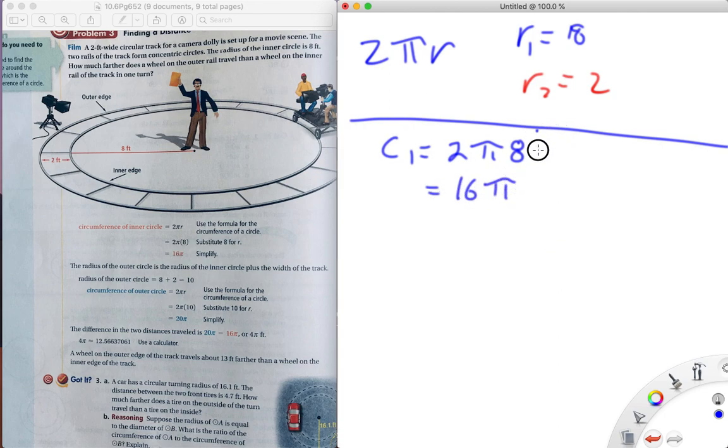That's circumference number 1. Circumference number 2, or the outer edge, is going to be 2 pi 2, or 4 pi. If I add those two together, it's going to give me 20 pi, which is a whole circle.